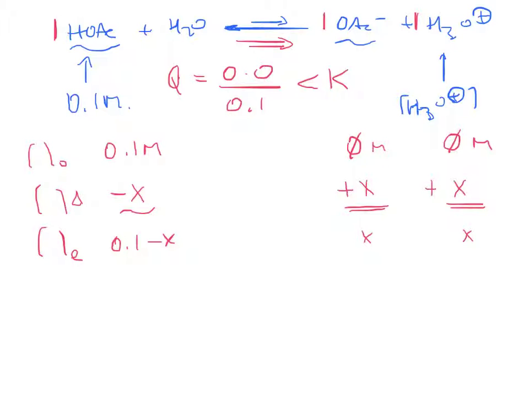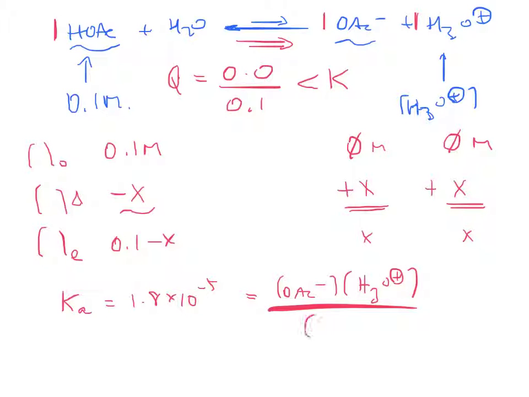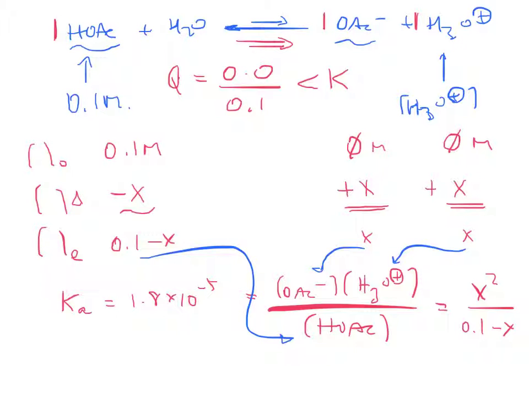And from our definition of Ka, we would say that Ka is 1.8 times 10 to the minus fifth, which equals OAc minus times H3O plus divided by HOAc, or x squared divided by 0.1 minus x. In doing this, I take the concentration values of acetate ion, hydronium ion, and acetic acid, and put these into my expression for Ka.